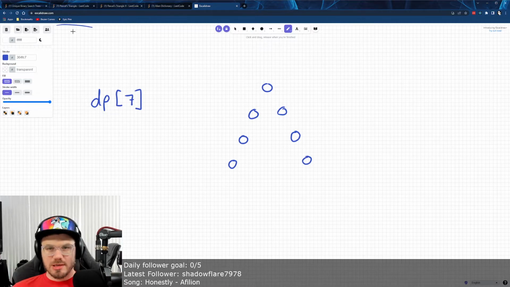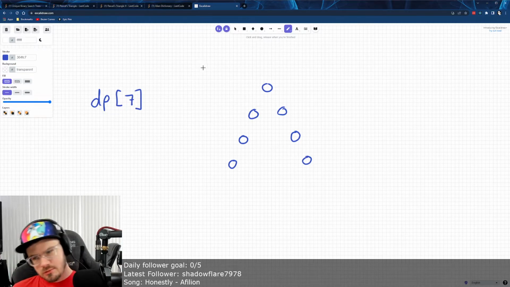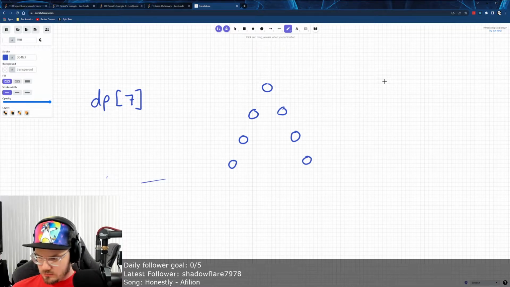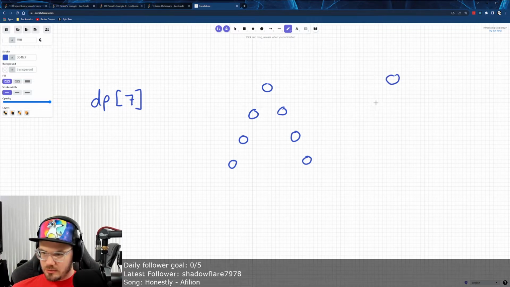So wait, does this have to be n squared then? For every i, do I need to iterate through everything I've calculated so far, and put them on the left side and on the right side? So for dp of 7, I have 6 nodes left.